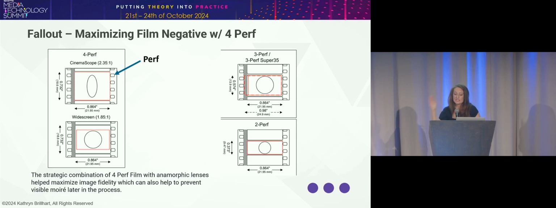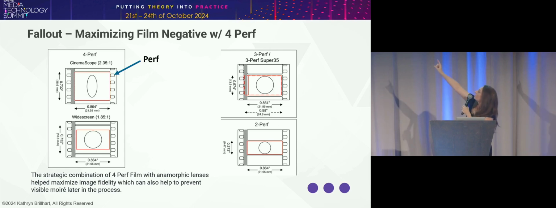And whether the DP realized it or not, the choice to use 4 perf 35 millimeter film with anamorphics was actually a pretty cool choice. I was geeking out the whole time because essentially, as you can see here, using 4 perf means you have more vertical space in the frame, and anamorphics use actually more of the vertical space because of how it's shooting a compressed image.